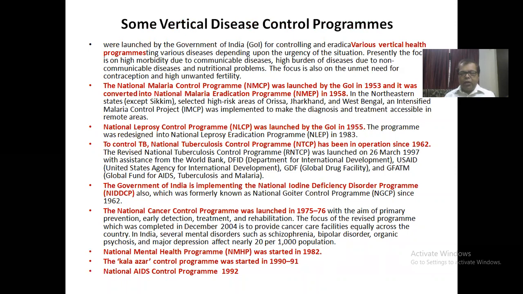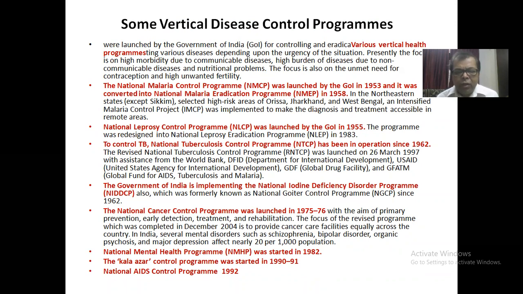So for eradication or control of malaria, we need preventive programs, and for that macro level interventions are required. So we had several vertical disease control programs, and all these are very important when we see the public health interventions in India.